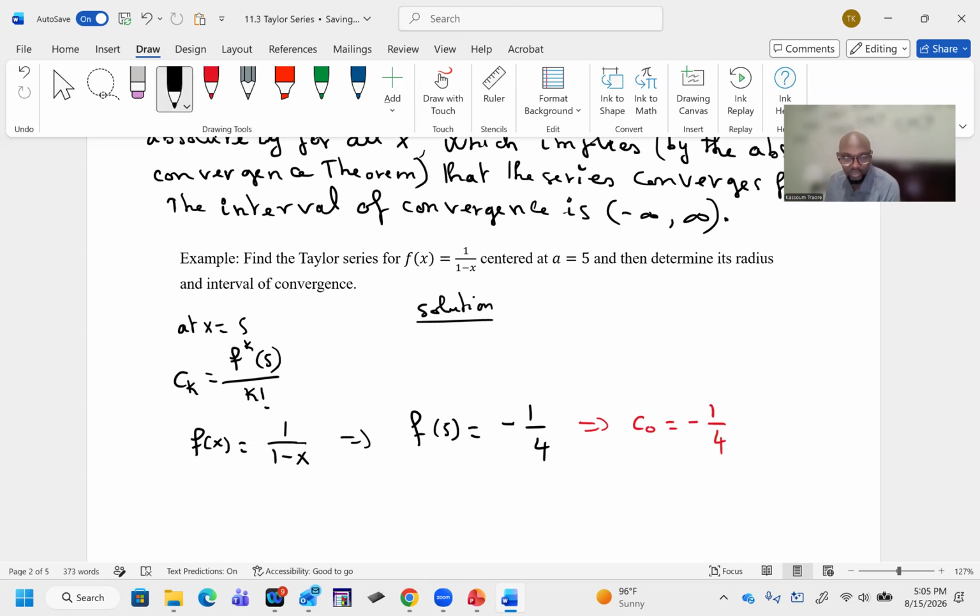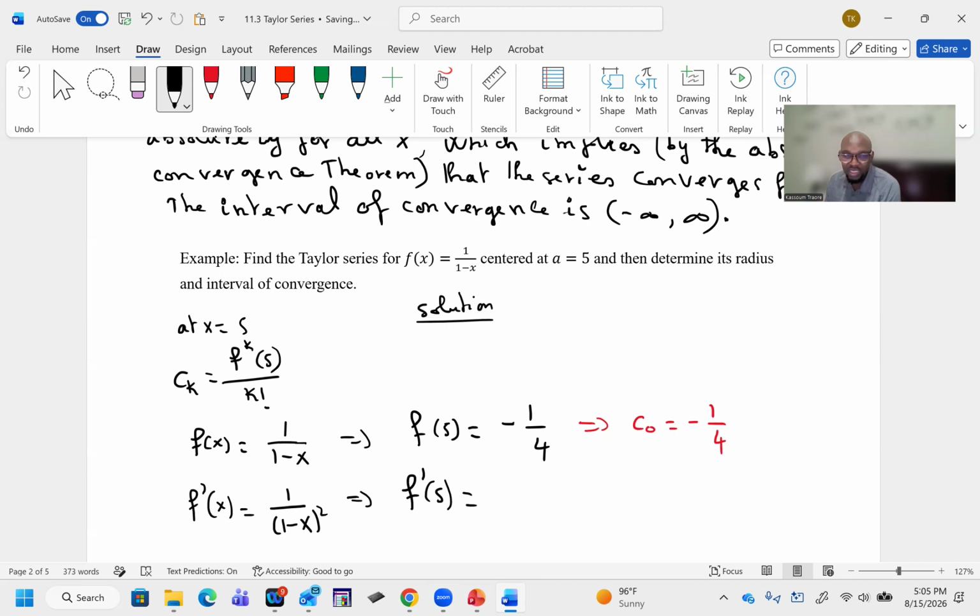So again, f prime of x will give me what? My f prime of x will give me 1 divided by 1 minus x squared, which means f prime of 5 will give me what? This is squared.